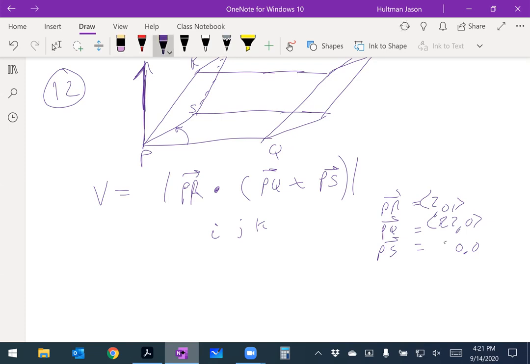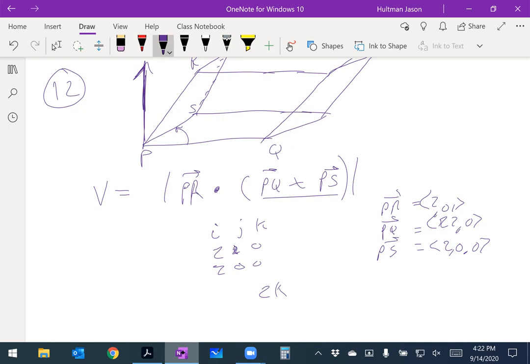Not 700, 200. So if you do PQ cross PS, you get a bunch of things that are going to cancel out except for this k term. k is the only thing that's going to survive. So you're going to get 2k.